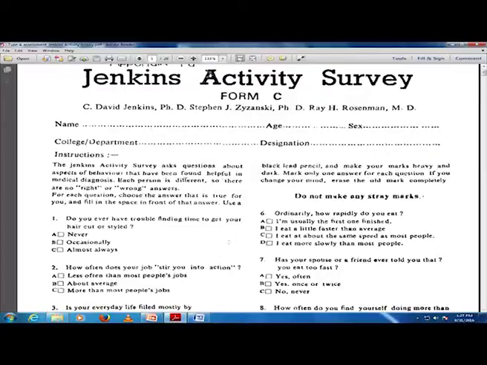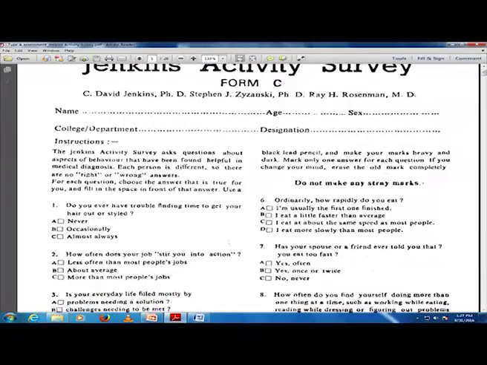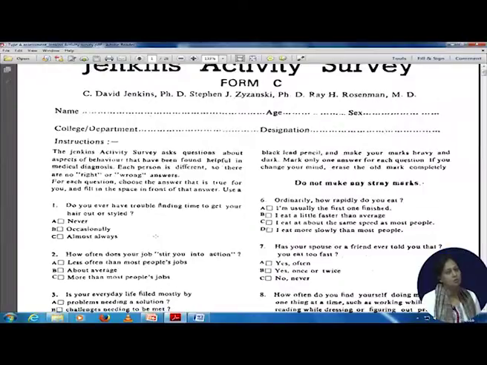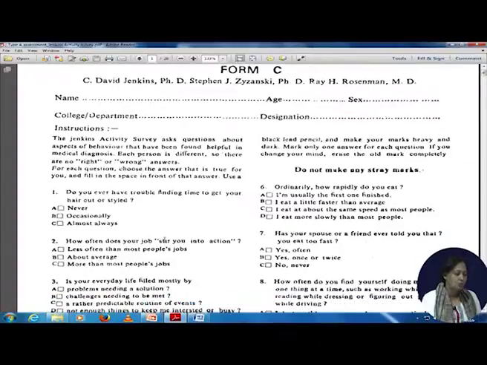You will see that everywhere it is mentioned that each person is different, so there are no right or wrong answers. When we were seeing style, there also we saw that, and here also. The reason is the uniqueness of the individual. When we are understanding an individual as per his traits, we must remember that each individual is different.